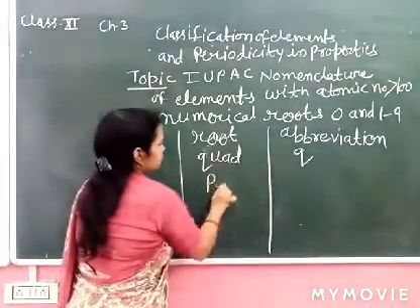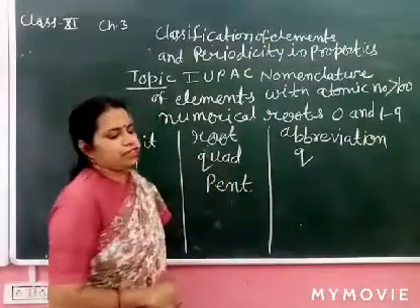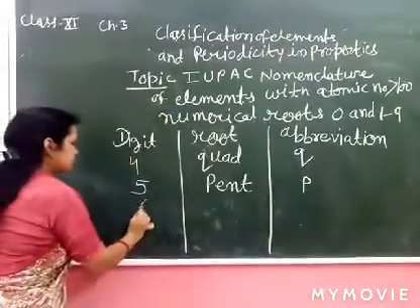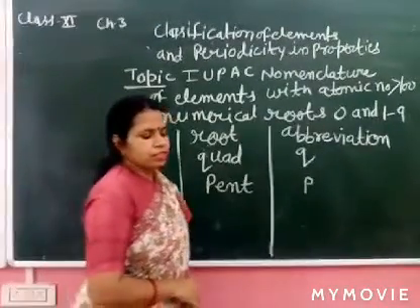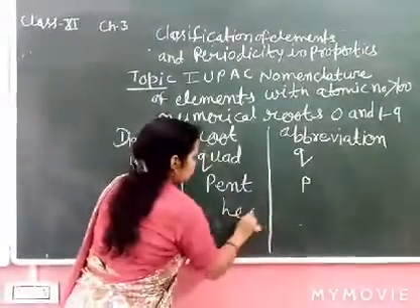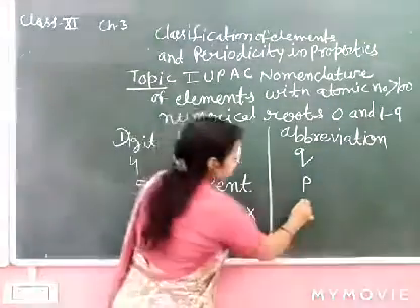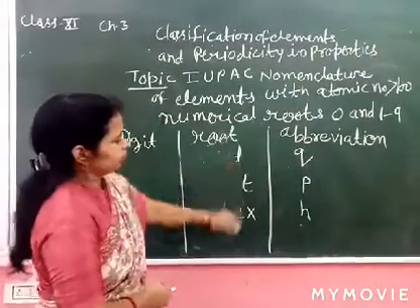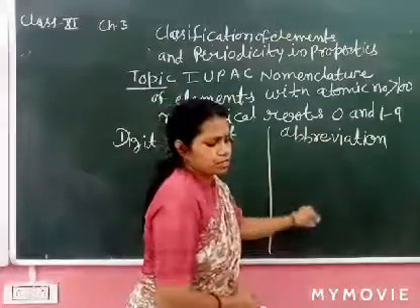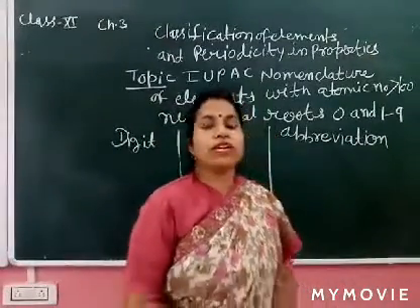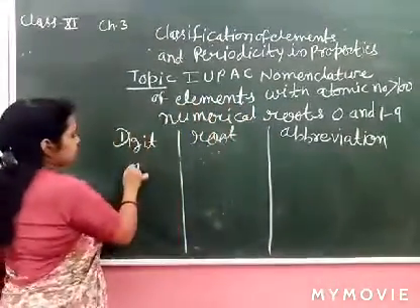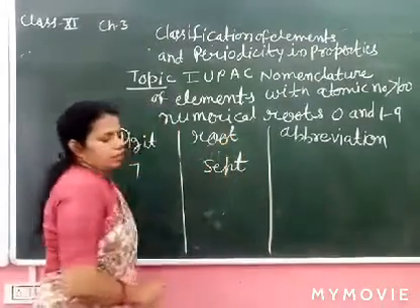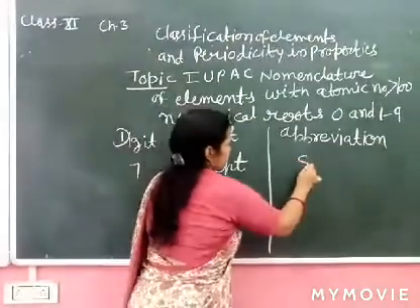We can write the root pent, and the symbol is P. Next, 6 is known as hex, H-E-X, and the symbol is H. Next is 7. The root is sept, and it is represented by S.